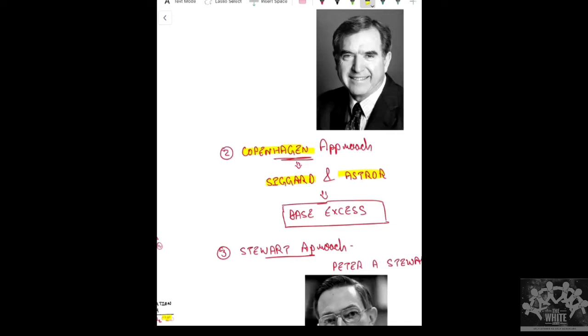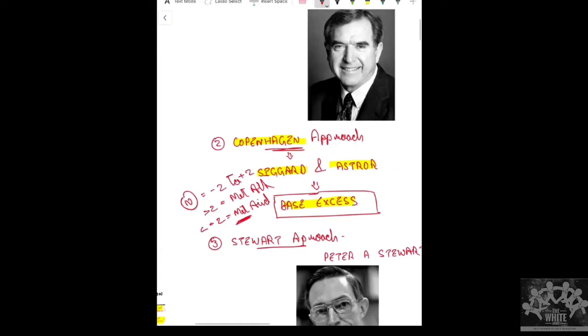It was based on base excess, with a normal value of -2 to +2. If greater than +2, it is metabolic alkalosis. If less than -2, there is metabolic acidosis. That was the basic concept of base excess. You don't have to know the whole concept.